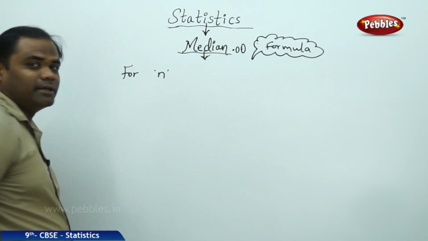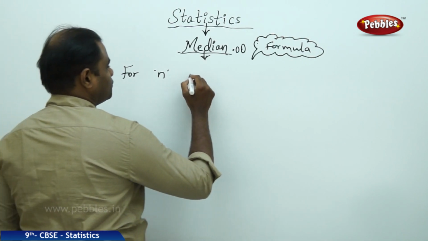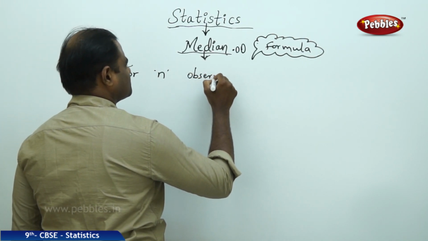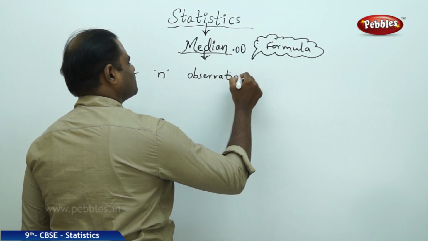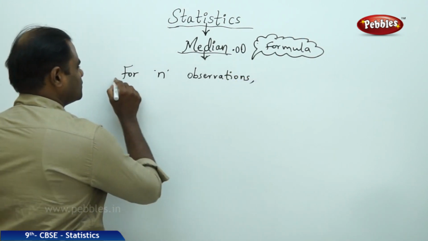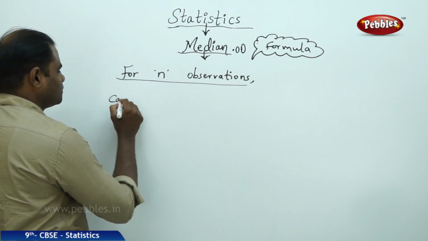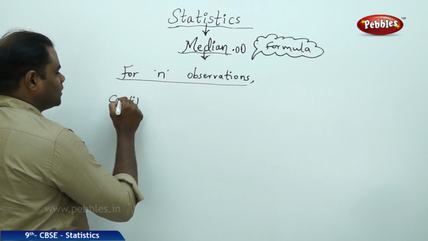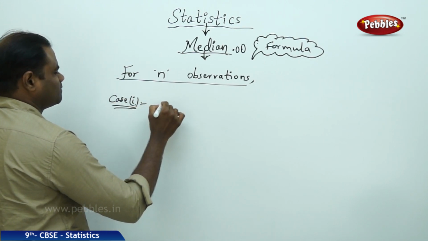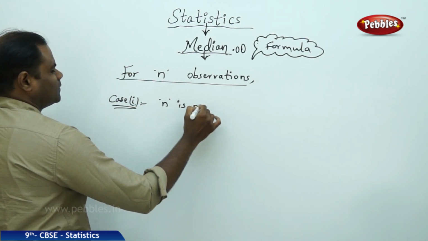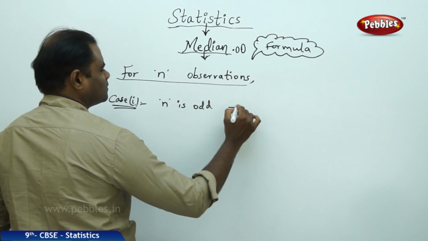So assuming that there are n observations, for n observations, case 1, n is odd.